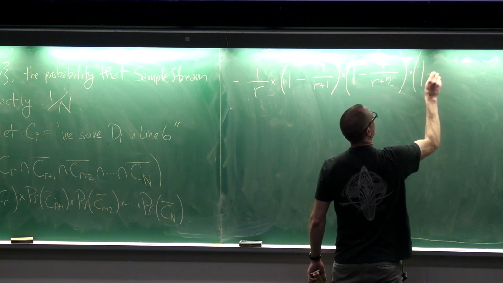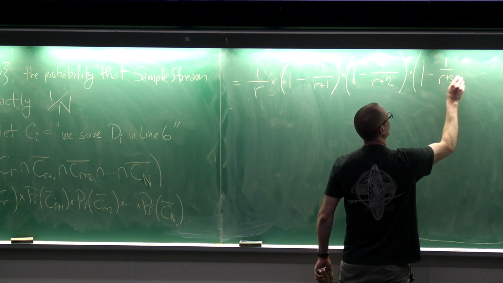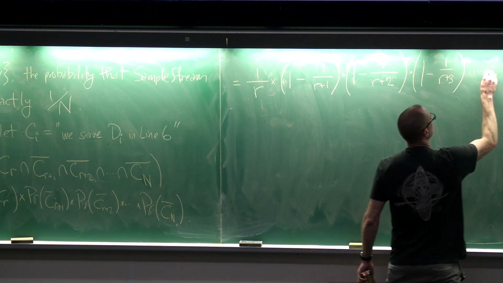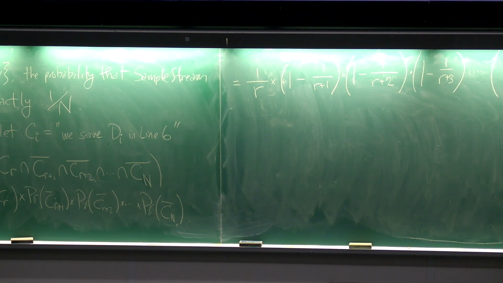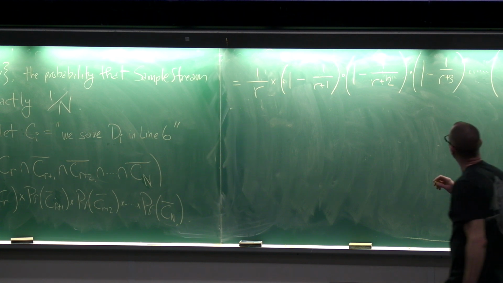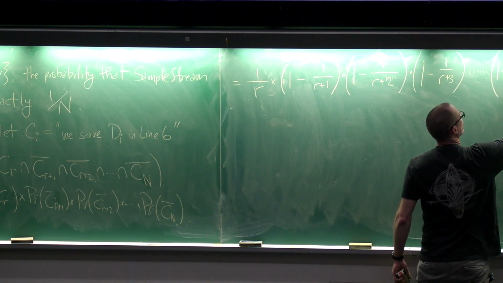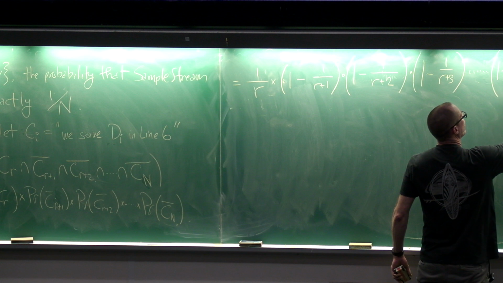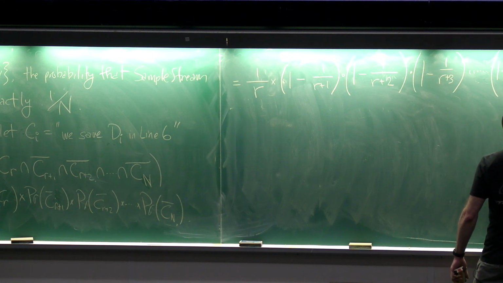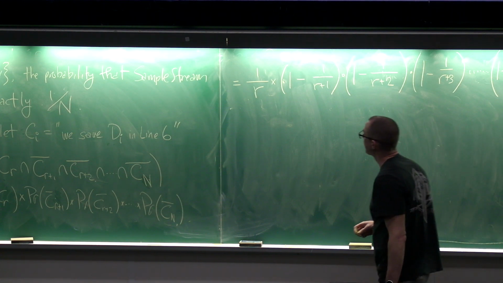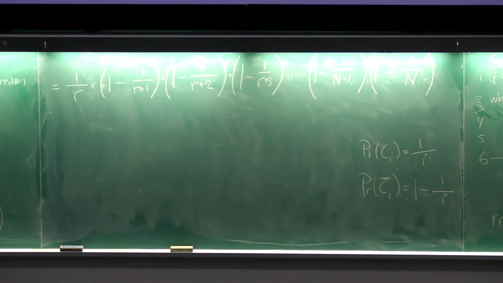Do even one more, all the way up to, and let me see, this is 1 minus 1 over n minus 1, and this is 1 minus 1 over n. Okay, good.